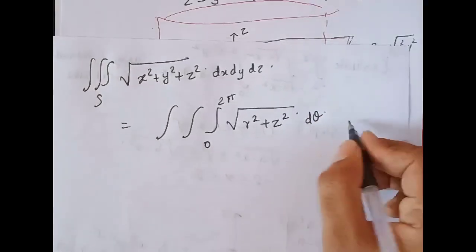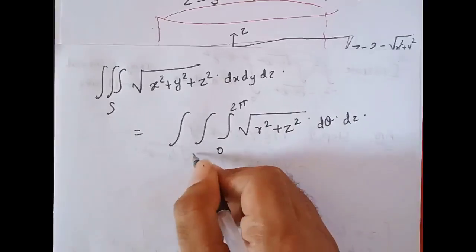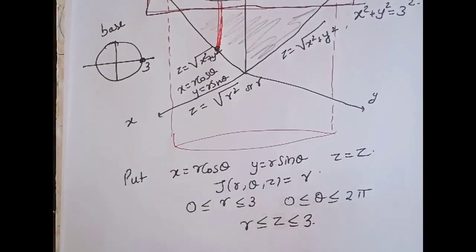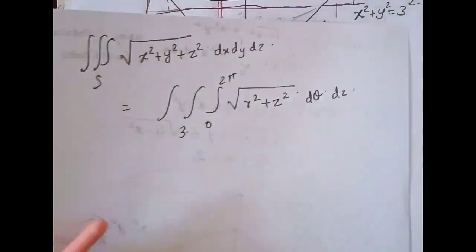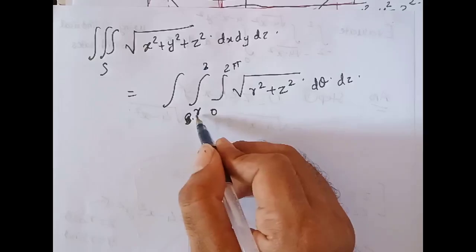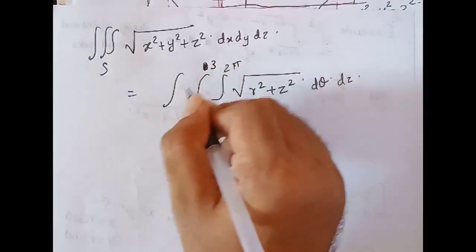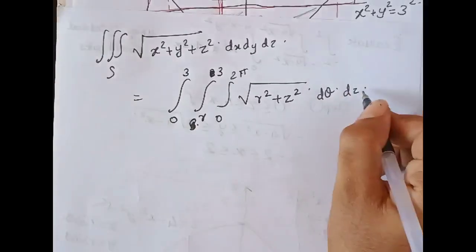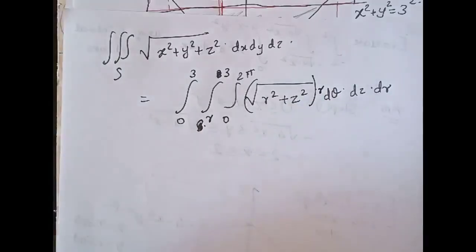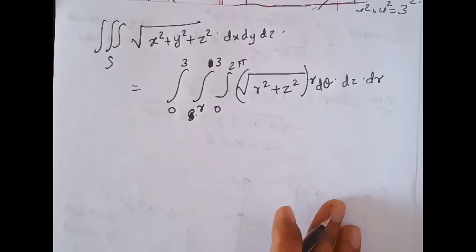Then I will take dz, so z is from r to 3, because z is depending on r, and the last is r, the radius, from 0 to 3, and without fail we have to multiply by the Jacobian. Alright, so this is our conversion now.